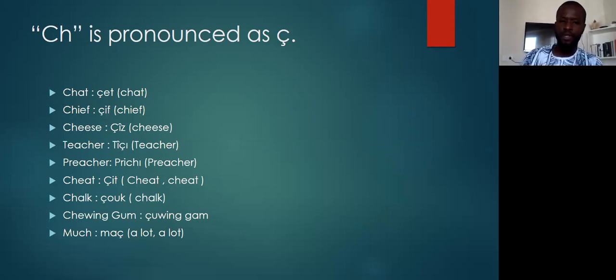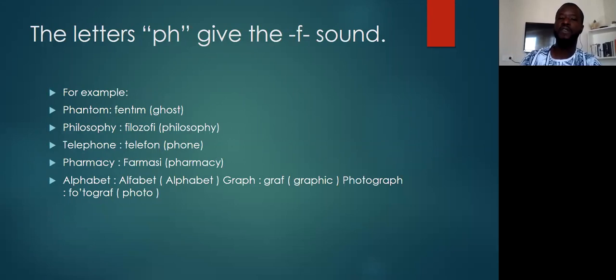And we go on here. The letters PH give the F sound, okay? So as you know, it is like telephone, you say phantom, or you can say also pharmacy, philosophy. All of them are written like PH, but we pronounce it like F, okay?